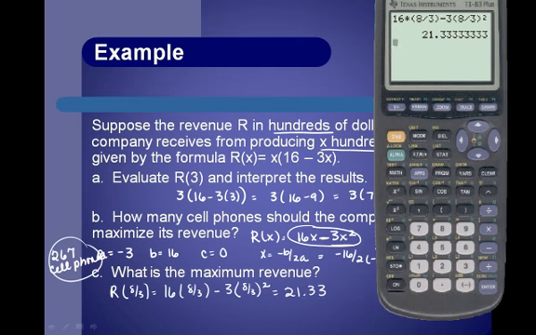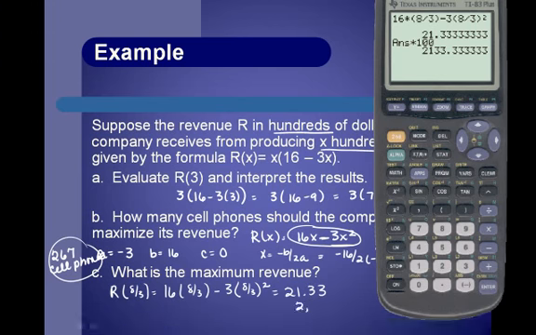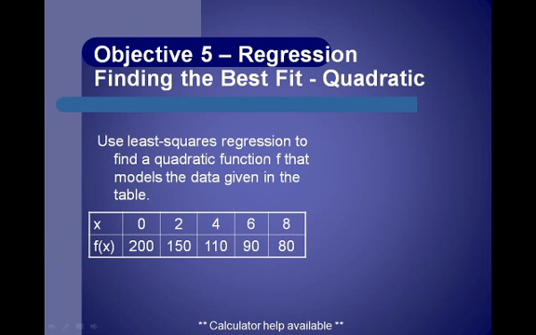Remember, this is in hundreds of dollars, so if we multiply that by 100, we would get $2,133.33 for selling 267 cell phones.